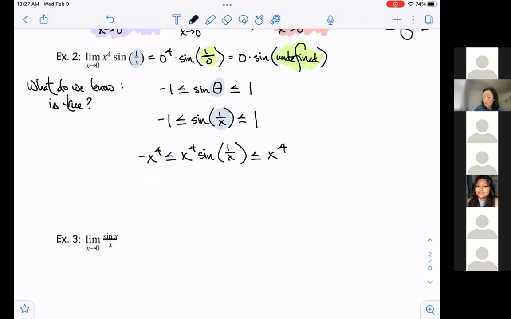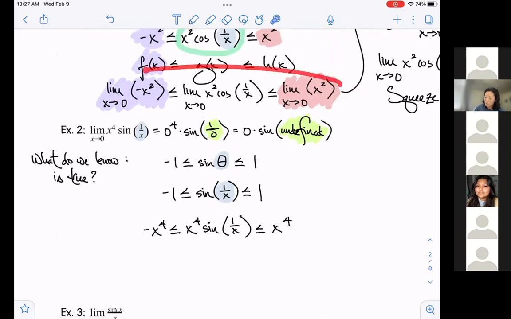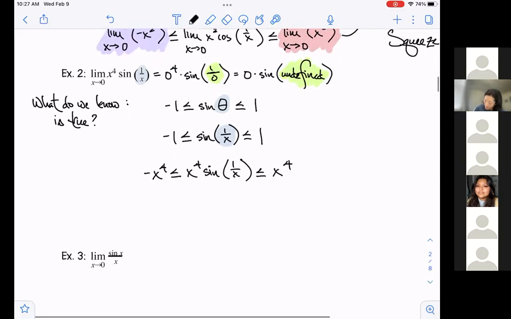All right. But before we substitute, we have to apply the limit. So we actually have to write that out, applying the limit, and then we can substitute.